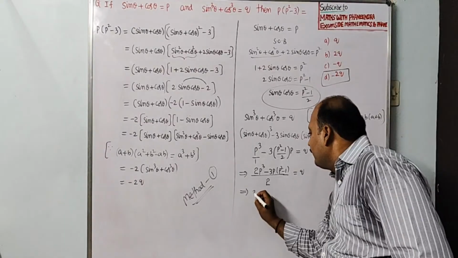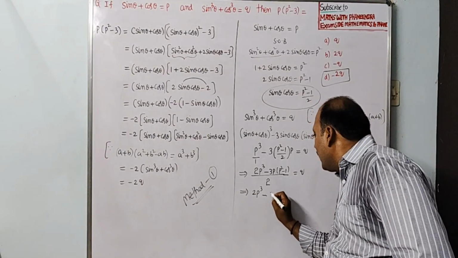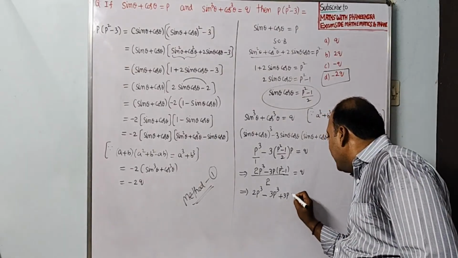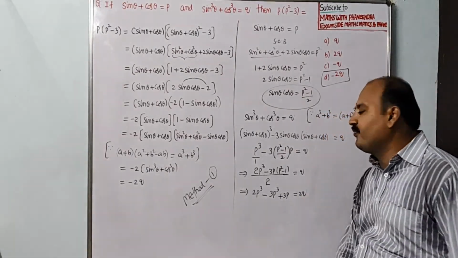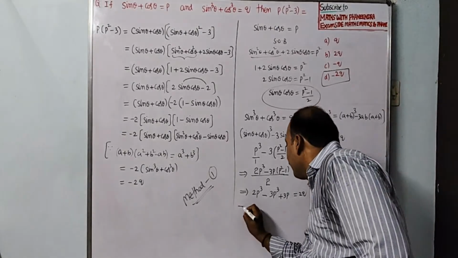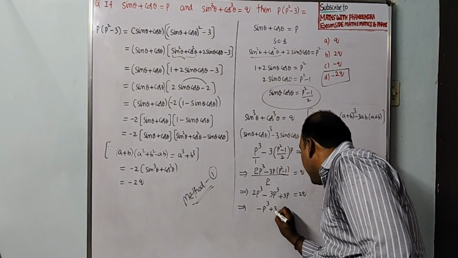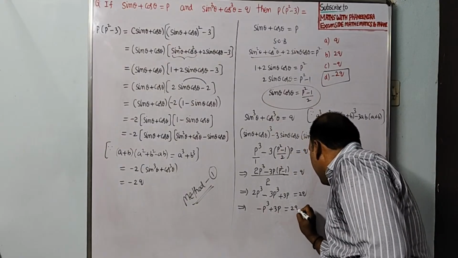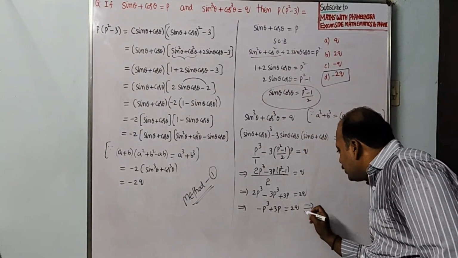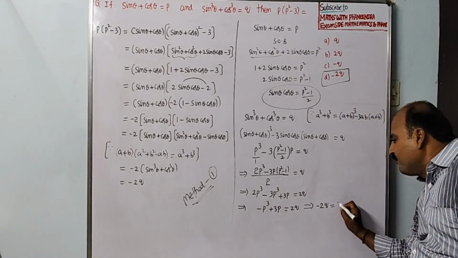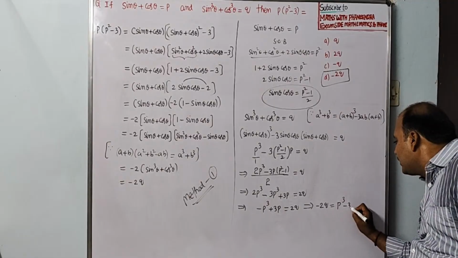Cross multiply. 2p cube minus 3p cube, minus into minus plus 3p, is equal to 2q. 2p cube minus p cube plus 3p is equal to 2q. So that implies 2q bring this side, these values will bring this side. Minus 2q equal to p cube minus 3p.